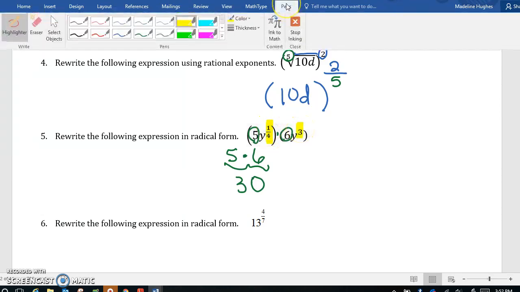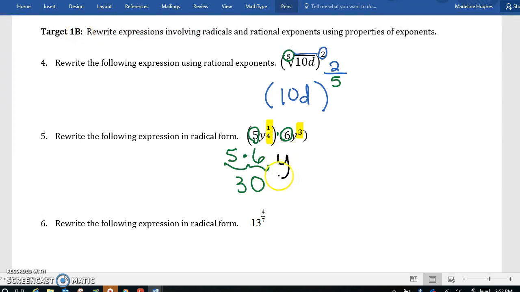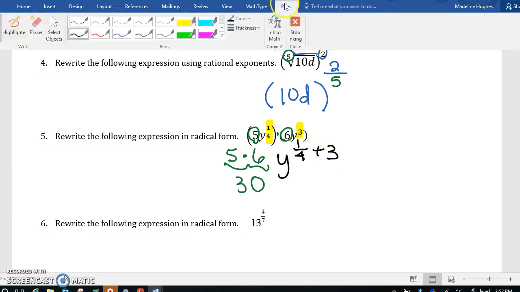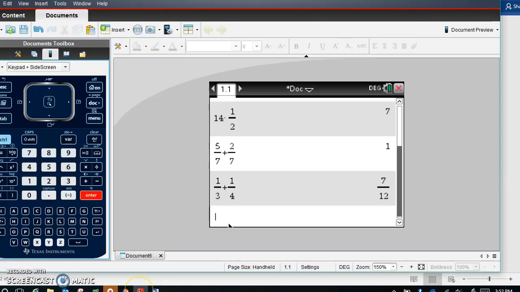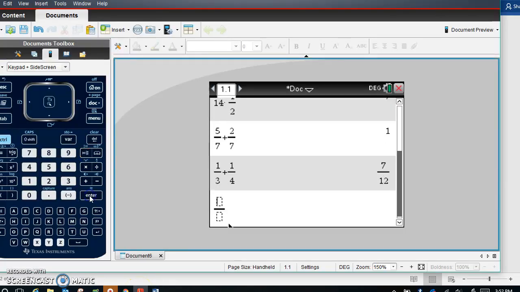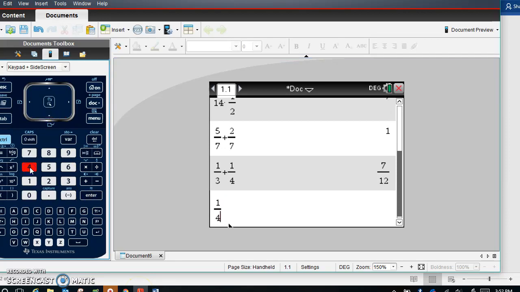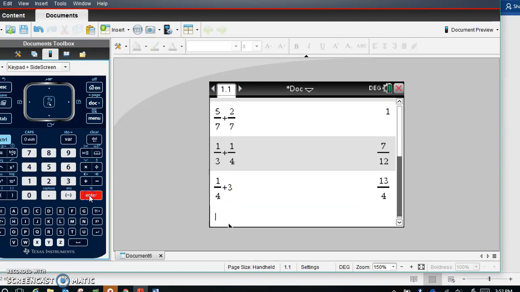So 1/4 plus 3. Okay, so I go to my calculator to do that. So fraction 1/4 plus 3. Enter, 13/4.